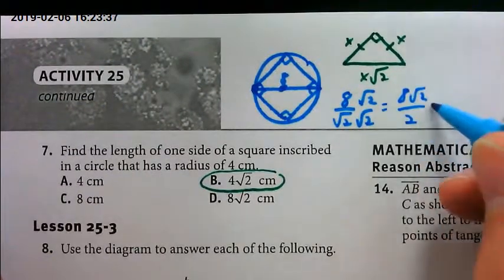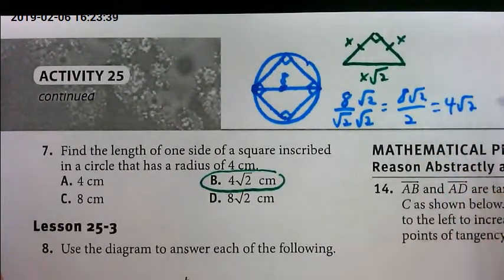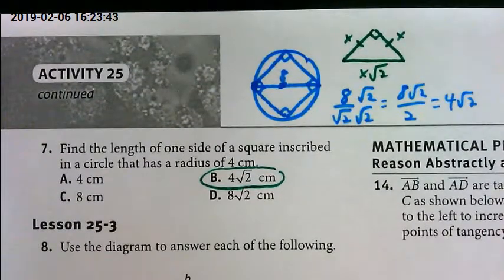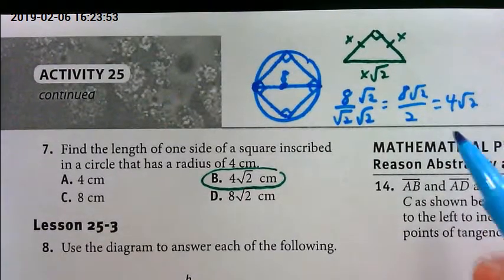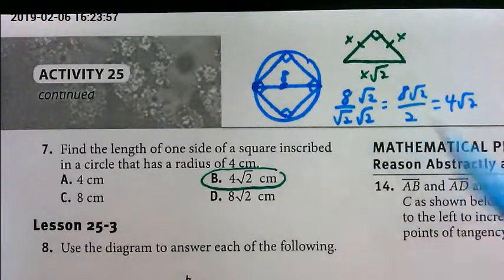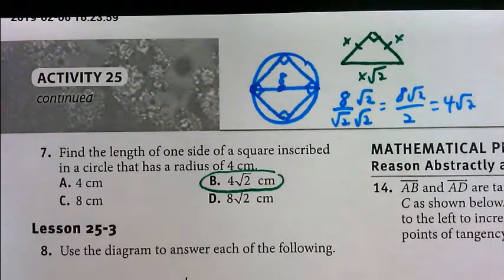So then 8 divided by 2 is 4. So we have 4 radical 2. Again, the pattern that always emerges, anytime you divide by a square root, you're going to end up dividing by the number underneath the radical and then multiplying by the same radical. Right? Because that's essentially what ends up happening since you have to rationalize every single time. All right.